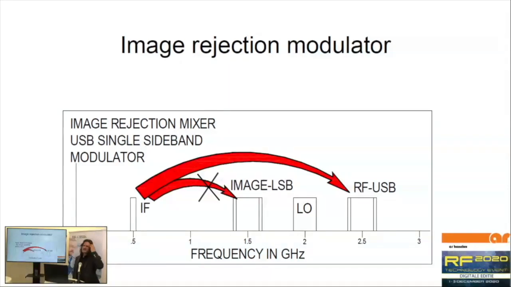Why do they make this difference? The naming difference in this case is that a modulator cannot be used the other way around. Most mixers, if you put RF in and you use your LO, you get your IF out. So if you put IF on that same mixer and LO, you will get RF out. So it can work both ways.